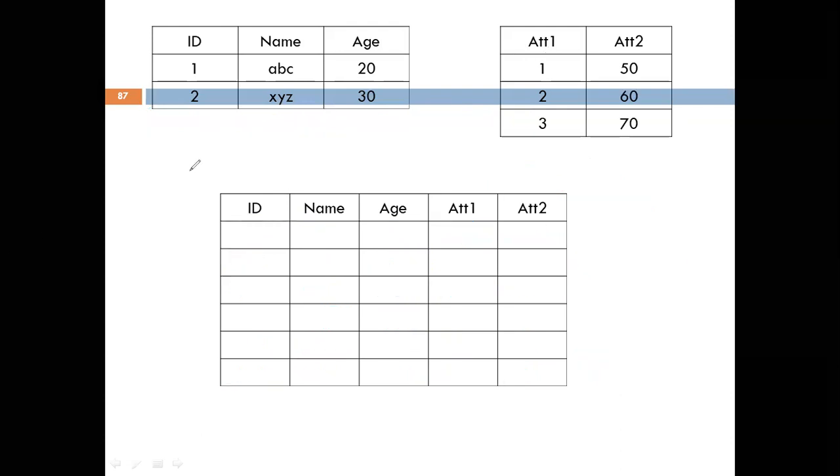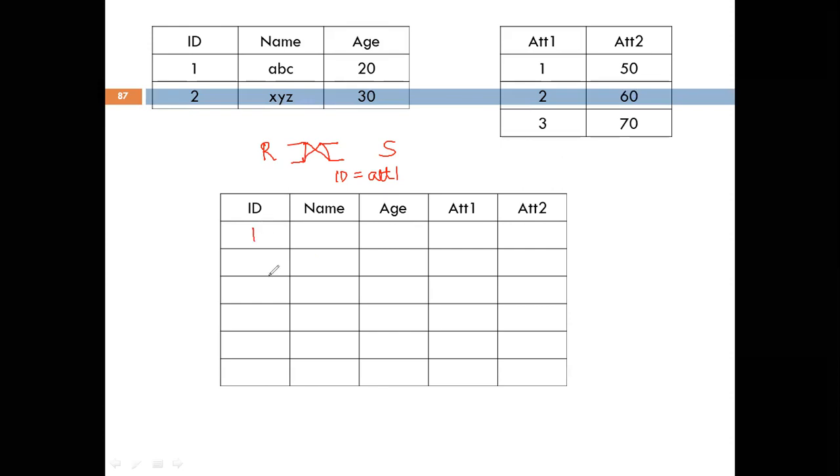Now full outer join. It is indicated with the lines present at both the ends. And again the condition over here is id is equal to att1 of S. Now all entries will be there, but only where there is a matching, there the entry will be there, otherwise it will be null.